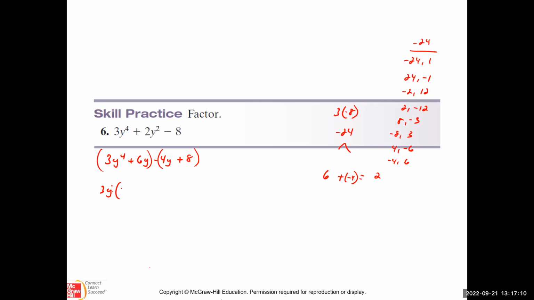I'm going to take out a 3y squared, and it's going to end up being 3y squared times y squared plus 2. Here I'm going to take out a 4, which is going to be y squared plus 2. So I'll end up with 3y squared minus 4, and then y squared plus 2.